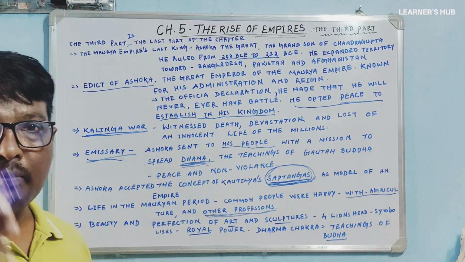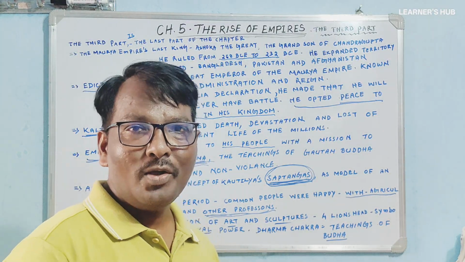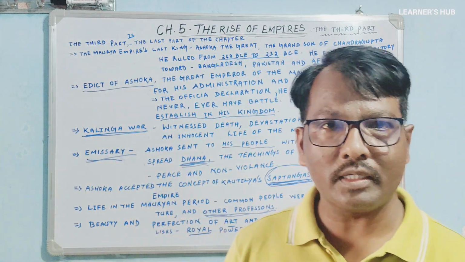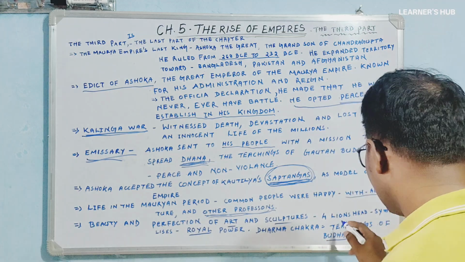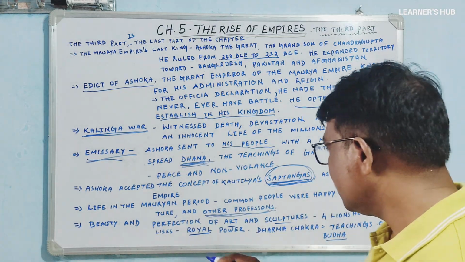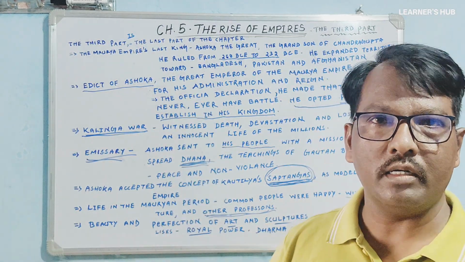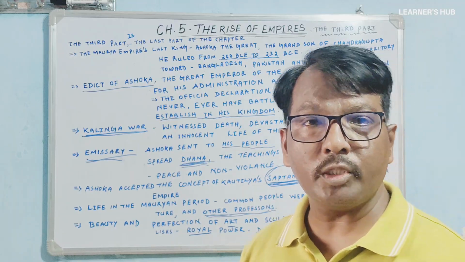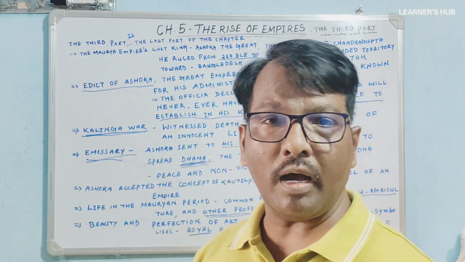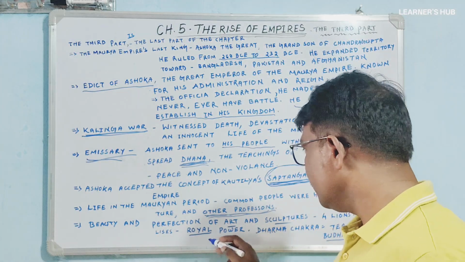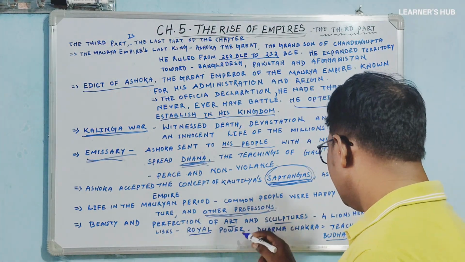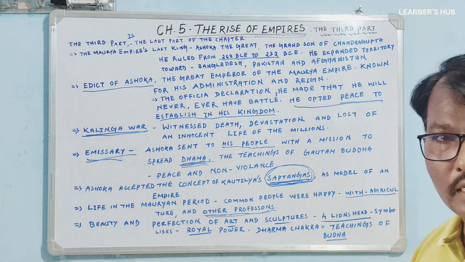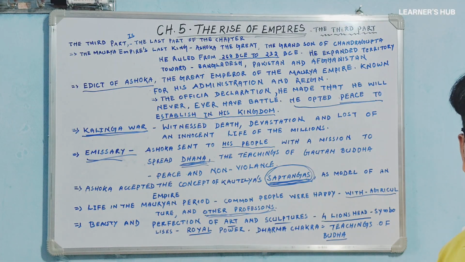Royal power is not the Royal Bengal tiger; royal power means not only the power of the king, but the royal power of the empire, the ordinary common people's power, the king's power, the whole empire's power. The royal power is symbolized by the four-headed lion. That is art and sculpture work you can see.